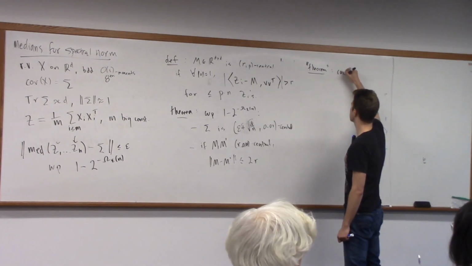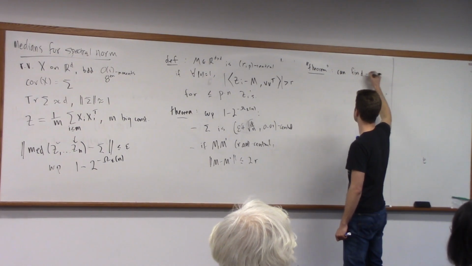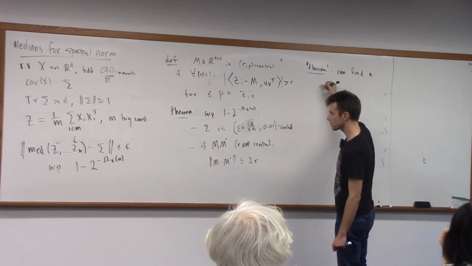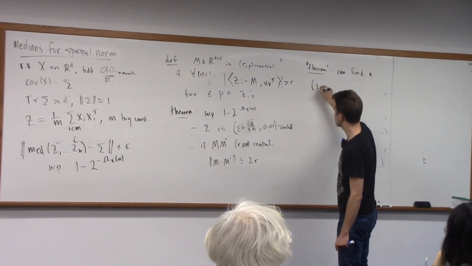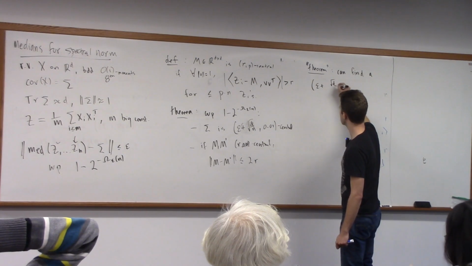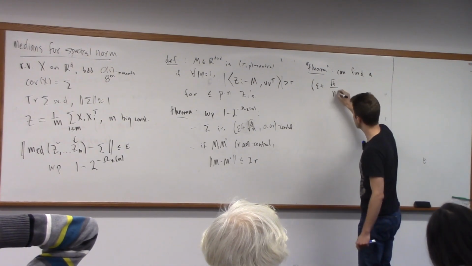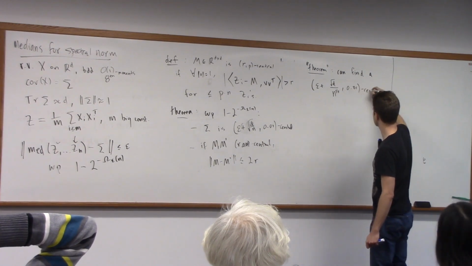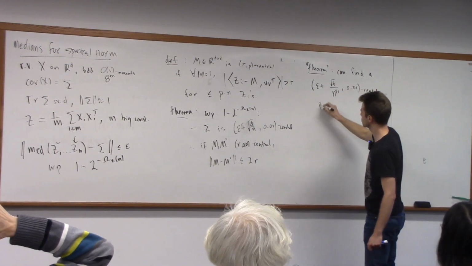you can find an epsilon plus root d over n to the 1/4, 0.01 central point.